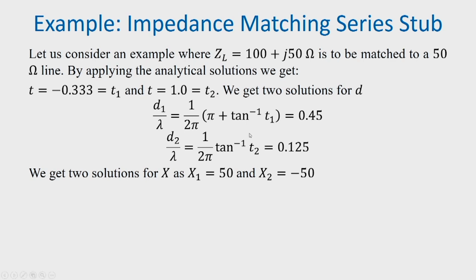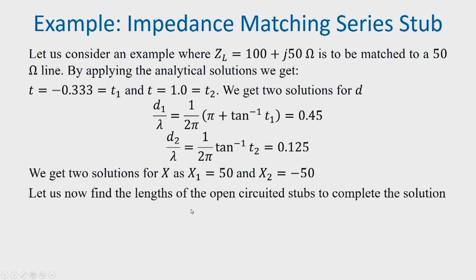Now, once we substitute these values of t, we get two solutions for x, and we call them x 1 is equal to 50, x 2 is equal to minus 50. And when we have two values of x, we can have also two values of the open circuited stub.